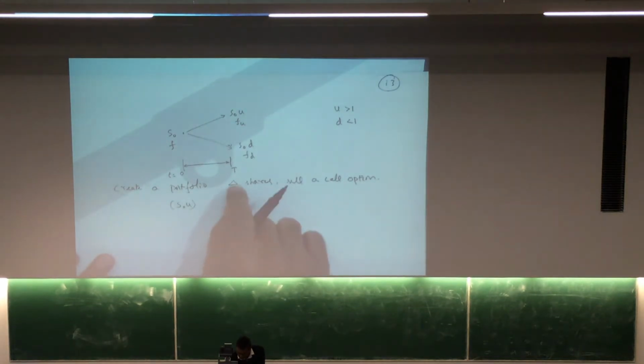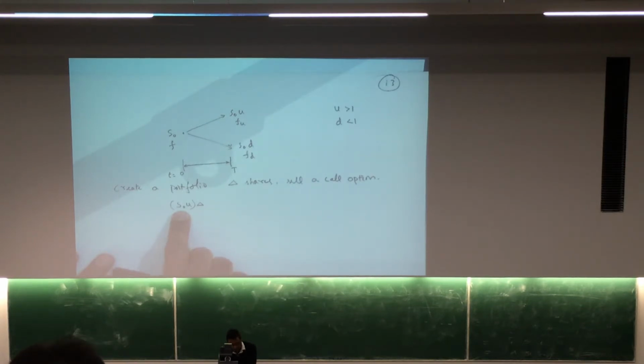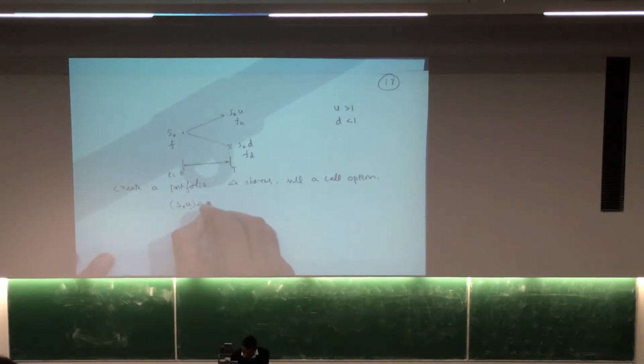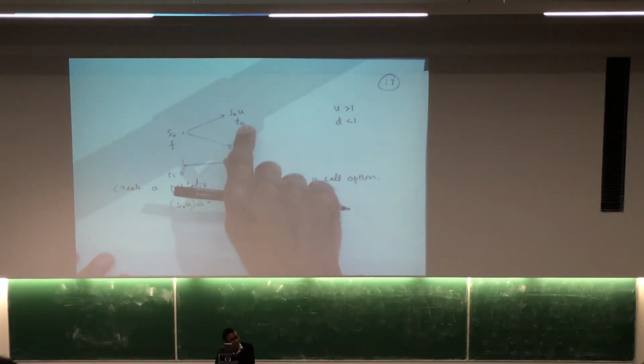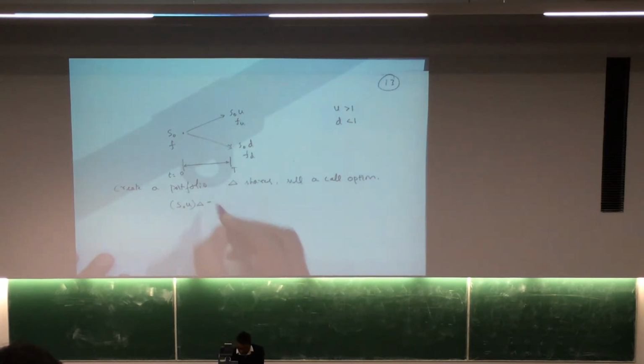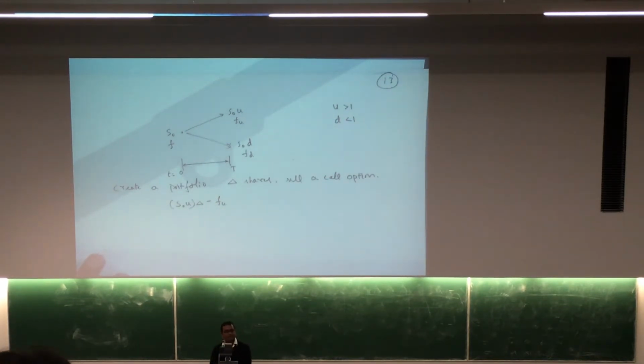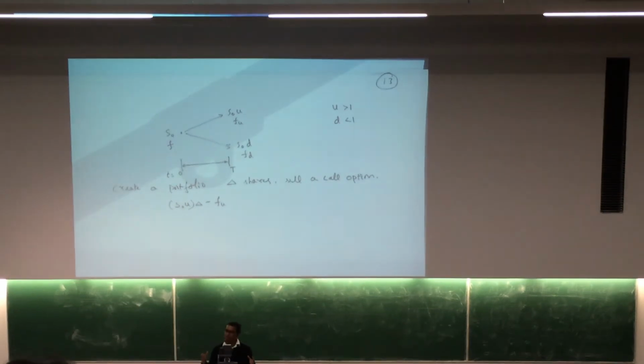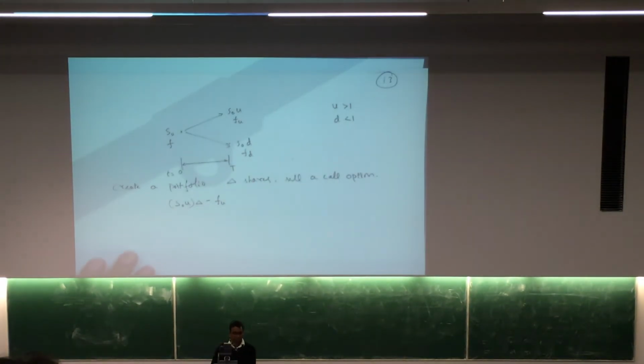How many stocks did I buy? Delta. So the value that I get from the number of stocks I am going to hold is the future price of the stock times the number of stocks I am going to hold. But I sold the option, so the value of the option at that time is FU, which we do not know the actual value, but you need to subtract. So this will give you the portfolio value for this situation, the top situation.